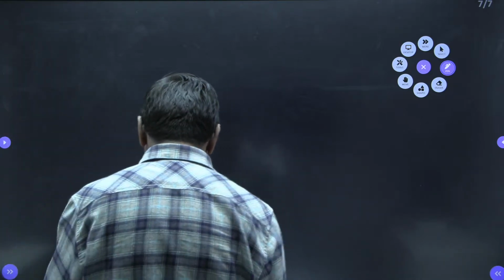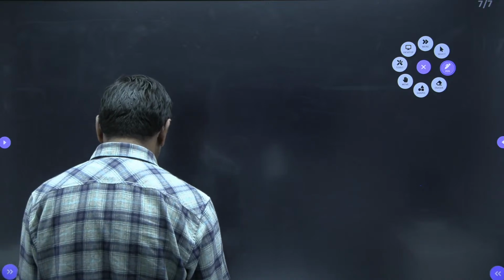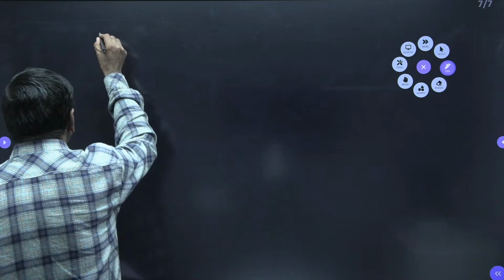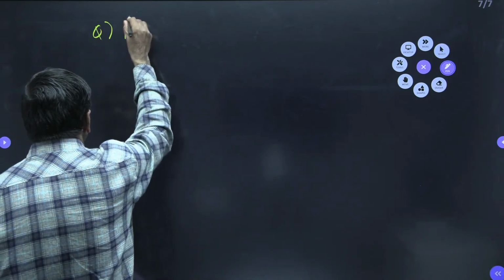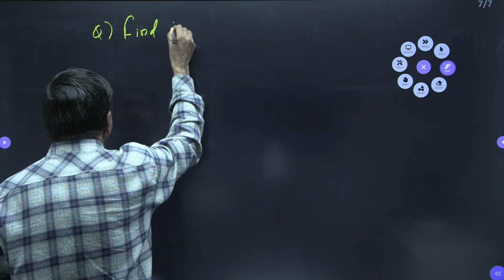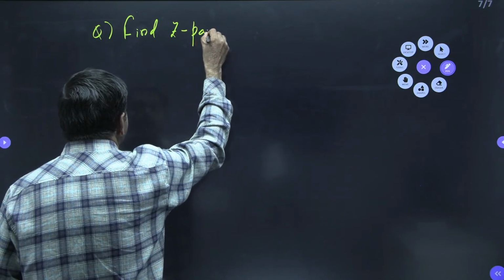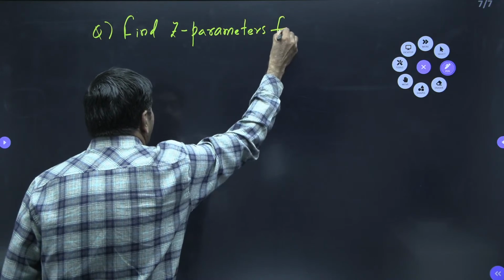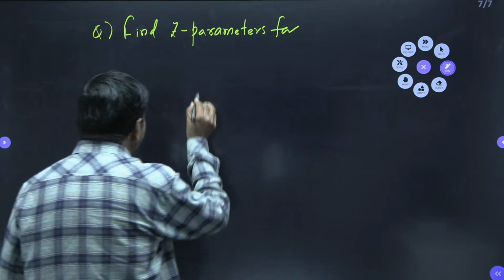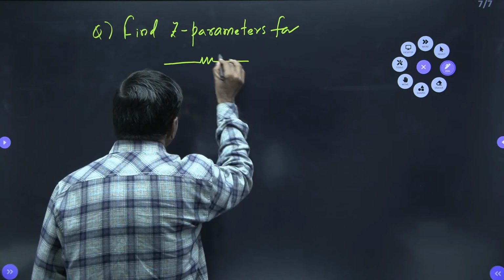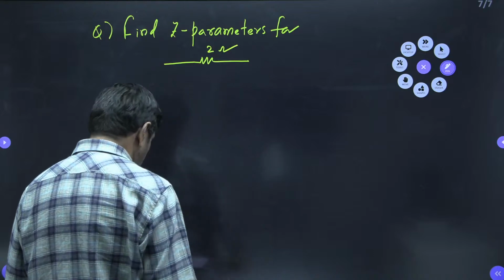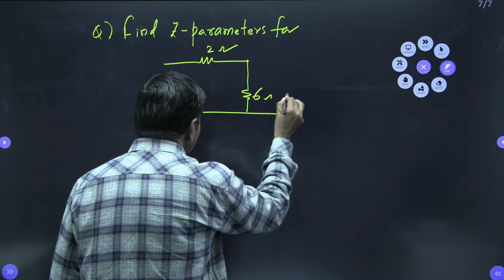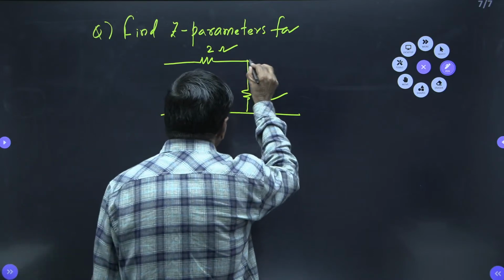Yes, a network is given like this now. I want to give in your hand this network. Find Z parameters. Question is given like this now. Find Z parameters for the network given like this. 2 ohm resistor is connected here, and also 6 ohm resistor is connected here, and also connected with a 4 ohm resistor.